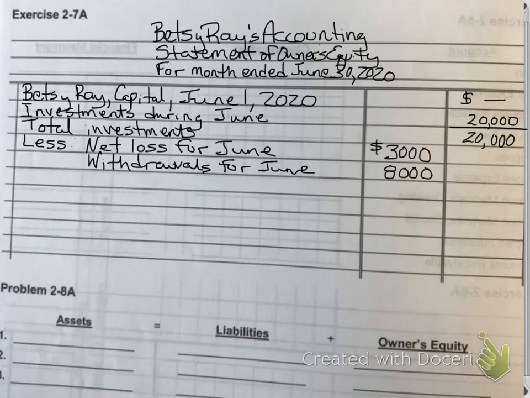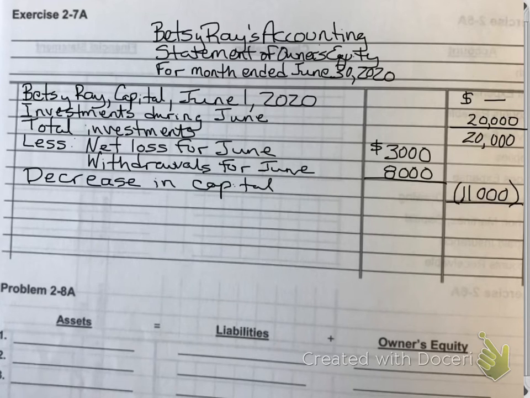But when they're both causing a decrease, we add them together to get the total decrease in capital. So our total decrease in capital is going to be $11,000 that we're going to subtract.